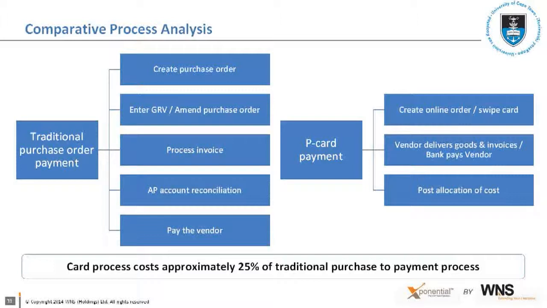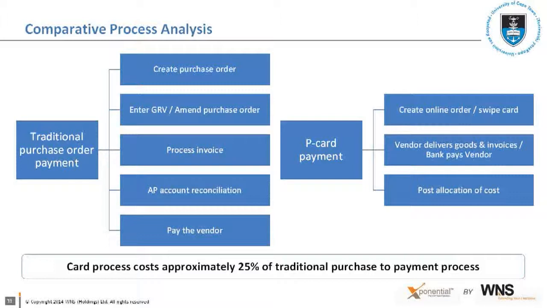The cost-saving benefit for us is very important, because we believe a typical card transaction costs only about 25% of what a traditional purchase order transaction would cost. And in fact, I think it's even a lower percentage when it comes to more complex things like reimbursements, which require a lot of sign-off and so on.